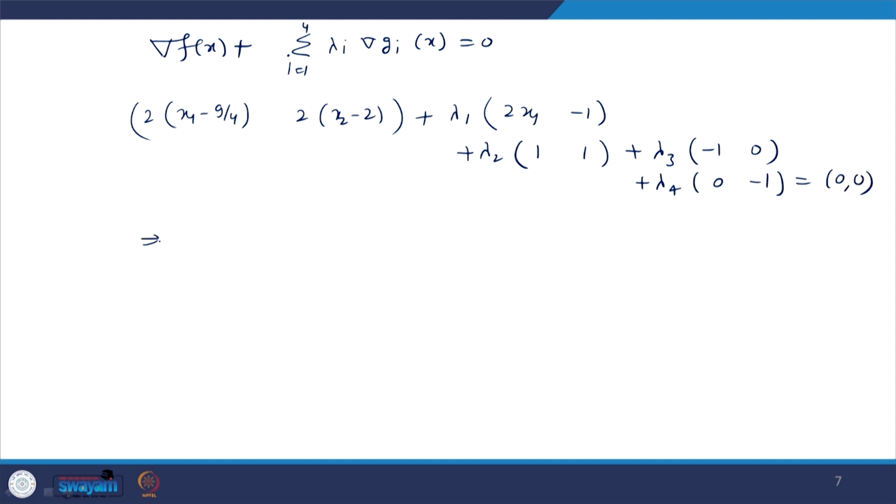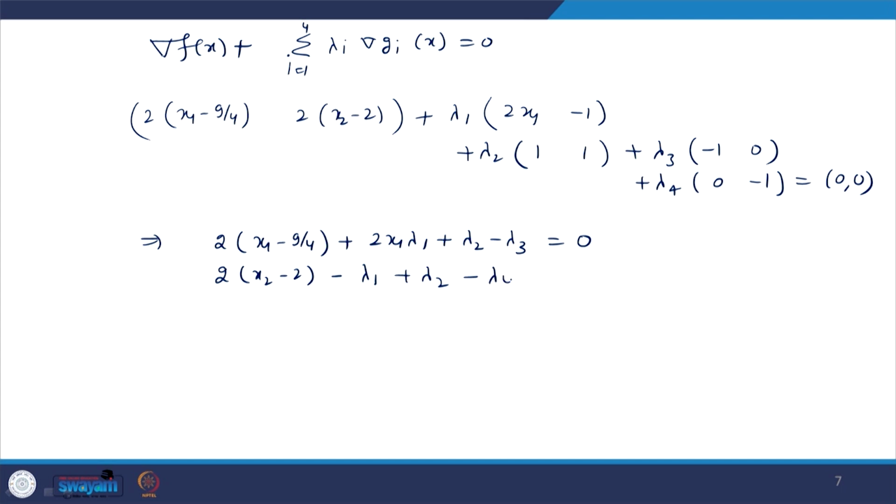So, this implies 2(x1 minus 9/4) plus 2x1 lambda 1 plus lambda 2 minus lambda 3 equal to 0. The second will be 2(x2 minus 2) minus lambda 1 plus lambda 2 minus lambda 4 equal to 0. So, these are the two conditions which you obtain from the first KKT condition.